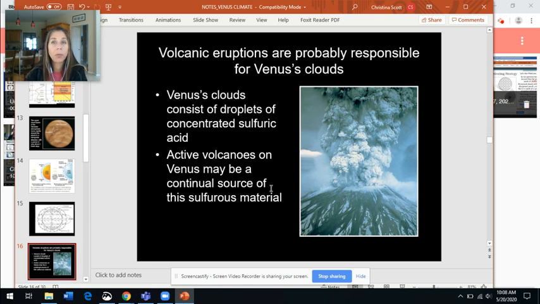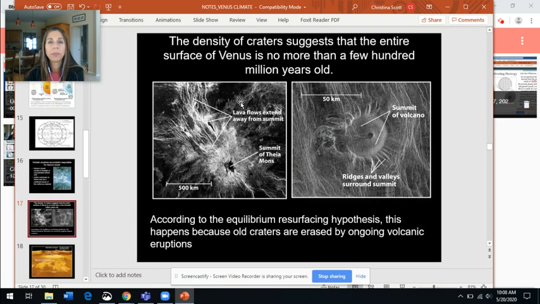Volcanic eruptions are probably responsible for Venus's clouds. Venus's clouds consist of droplets of concentrated sulfuric acid, and active volcanoes on Venus may have been a continual source of this sulfurous material. So out of volcanoes comes sulfuric acid, water vapor, methane, carbon dioxide, etc. The density of craters suggests that the entire surface of Venus is no more than a few 100 million years old.